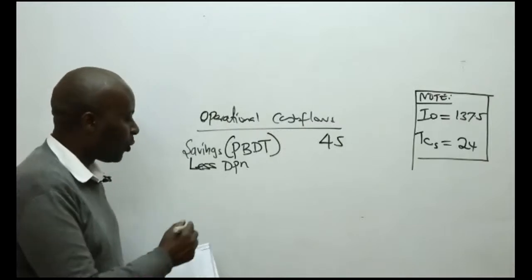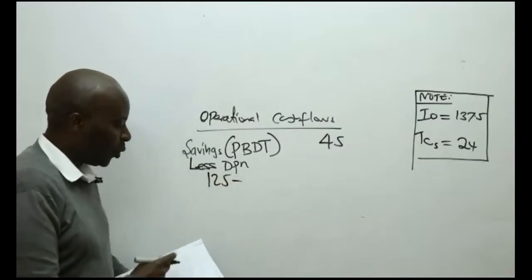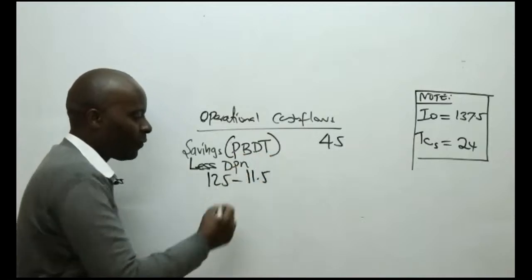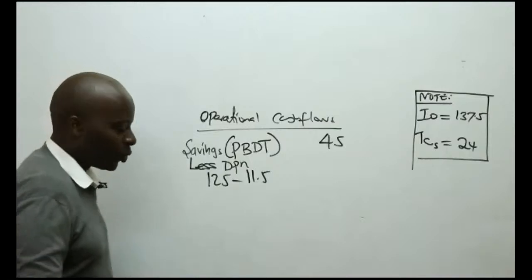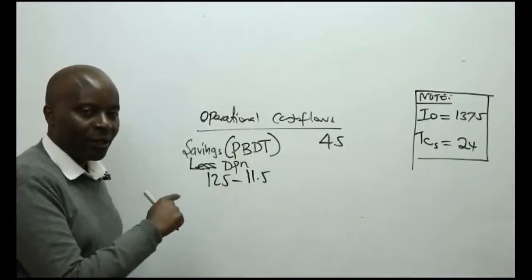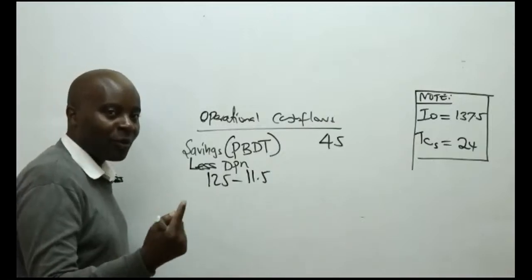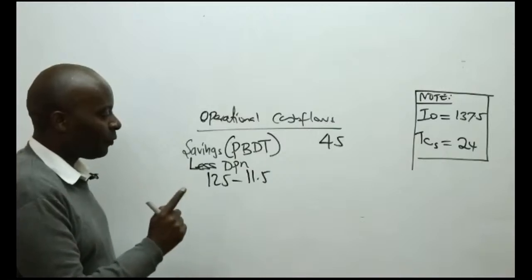Our cost of the equipment is 125 minus the scrap value, which is given in the question as 11.5.